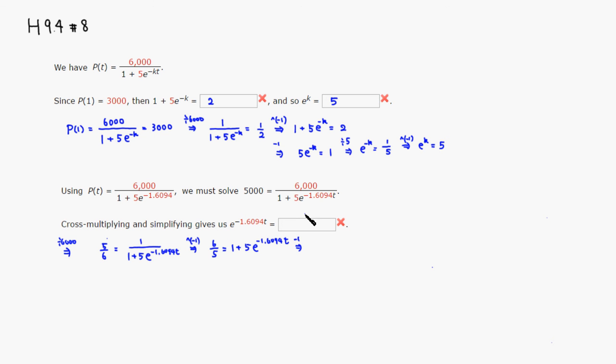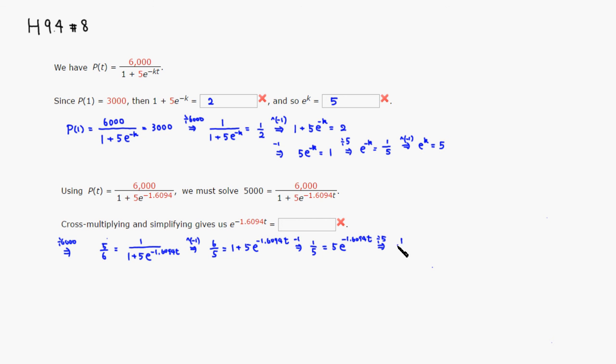1 is 5 over 5, so it's going to be 1 over 5 equal to 5 times e to the negative 1.6094 t. Then we just have to divide through by 5.